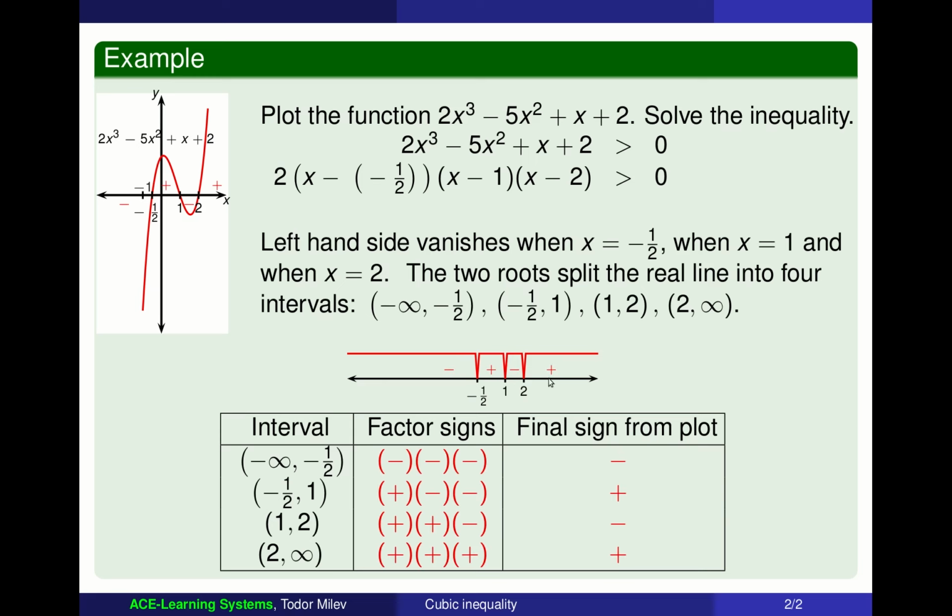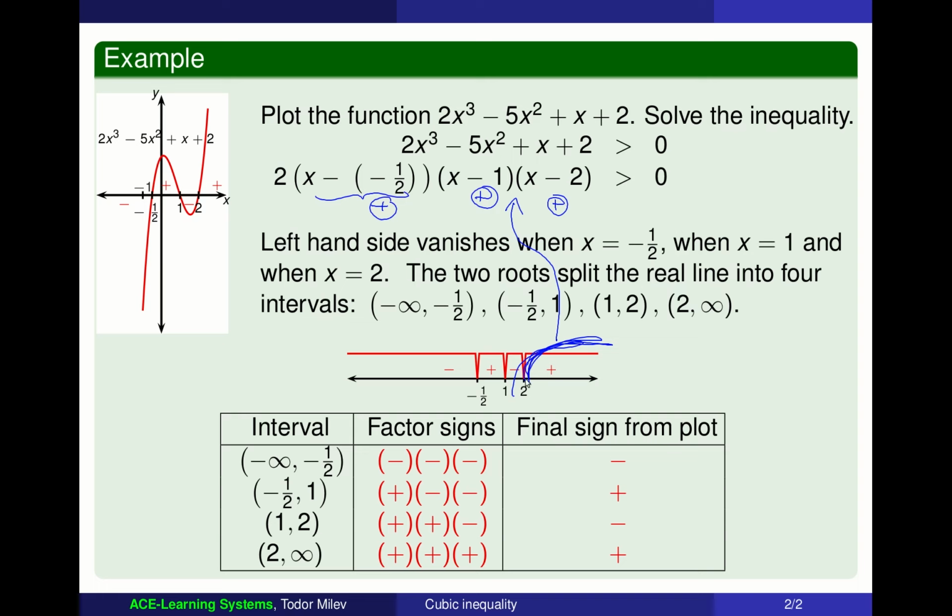I'm sure you guessed it correctly. The signs go like this: positive, negative, positive, negative. Here's how we know this. When x is between 2 and infinity, over this interval, this term here is positive, this term here is positive, and this term here is positive, right?